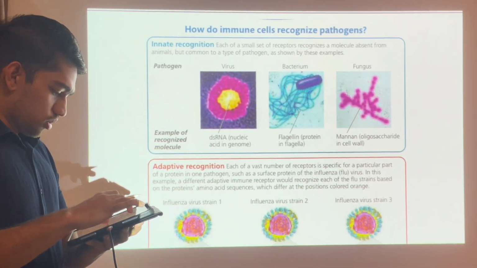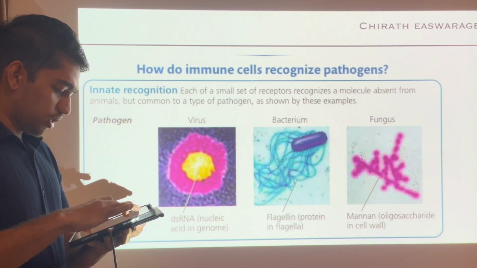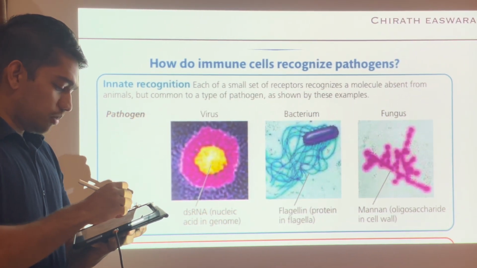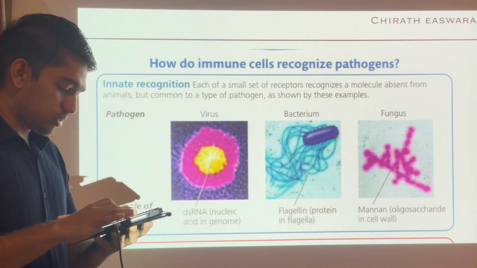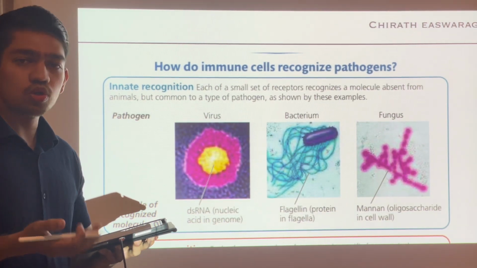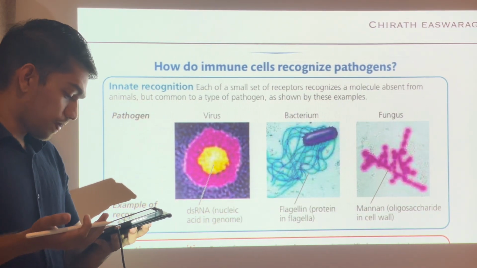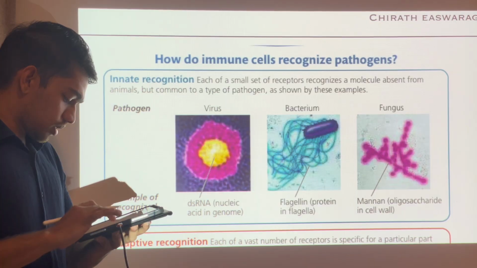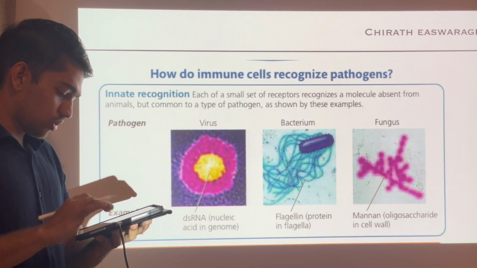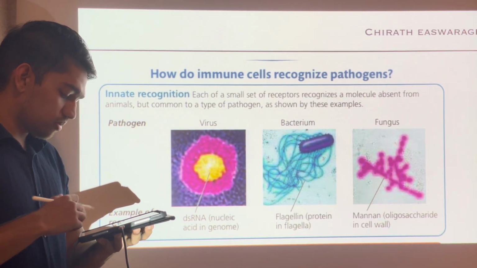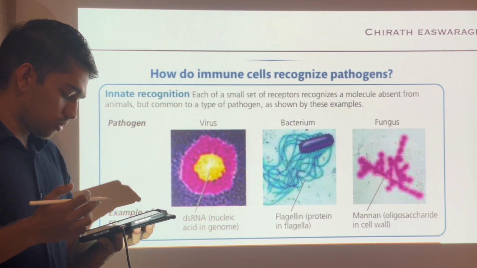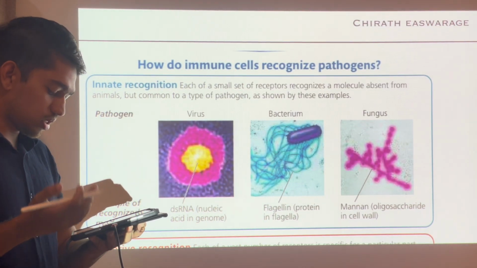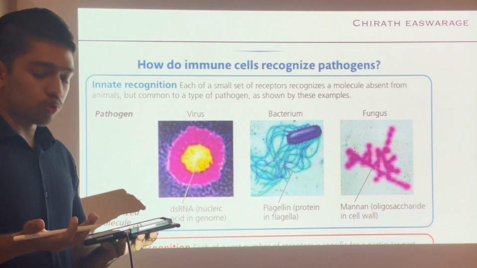Right. So innate recognition. I mentioned that innate immunity is going to recognize pathogens based on common characteristics, right? So if it's a virus, it's going to have some recognized molecule. If it's a bacterium, then it could be a protein such as flagellin.